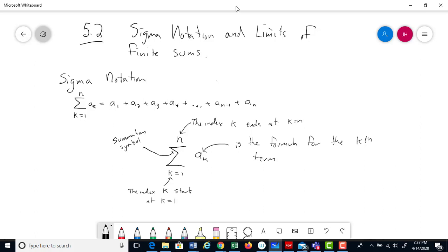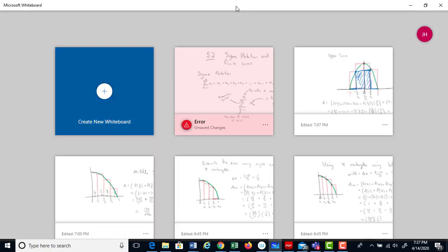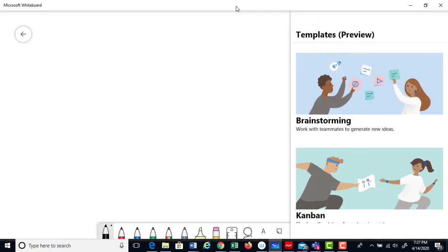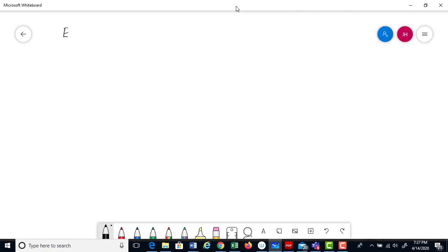So let's do some examples. It's really pretty straightforward. What this is going to allow us to do is give us a way to shortcut things. So probably your most trivial example would be: determine the sum of k as k equals 1 to, let's say, 6.